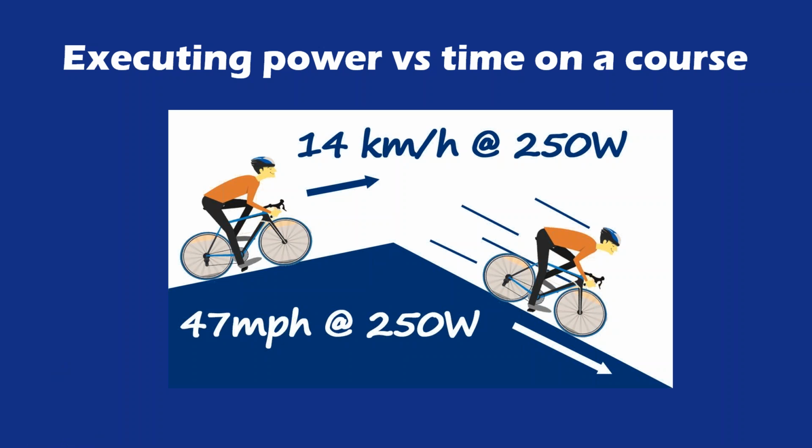You notice that's actually pretty good, but you crest the hill, you've still got a minute to go, and you're still supposed to put out 250 watts, and you find yourself spinning up to 50 miles an hour, and you can't sustain 250 watts. You're spun out. So if you do this outside on a course, it's very hard to target those watts.